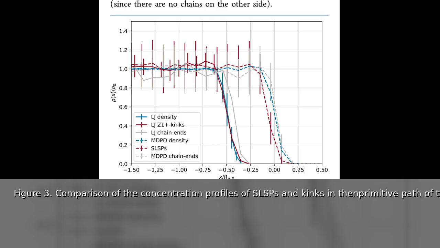The qualitative agreement between the SLSP and KG models in these static entanglement features suggests that the SLSP combined with MDPD successfully preserves the fundamental nature of polymer entanglements near interfaces. The authors interpret this as validation that static entanglement properties are accurately captured by the coarse-grained SLSP model in the proximity of interfaces.